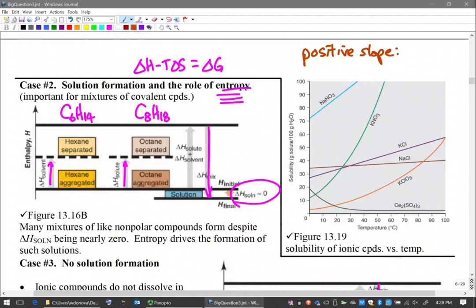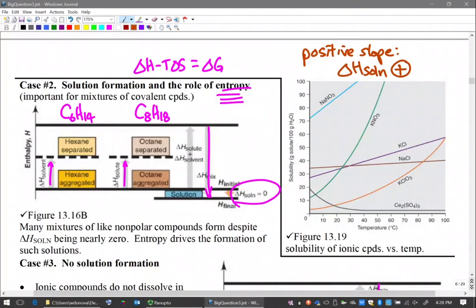If you're adding heat and it makes the process occur to a greater extent, it shifts to the right in equilibrium terms. That would mean it must be endothermic, a positive delta H, because a positive delta H acts like a reactant. If you add a reactant, you shift toward products.